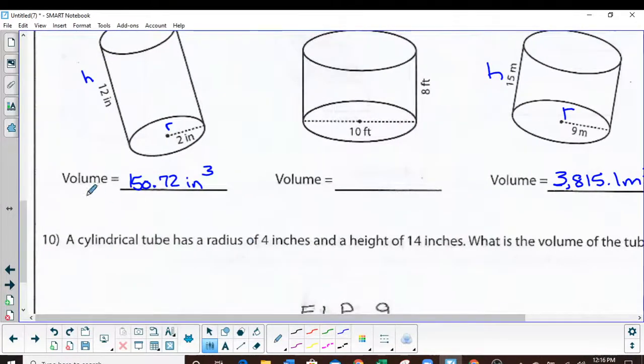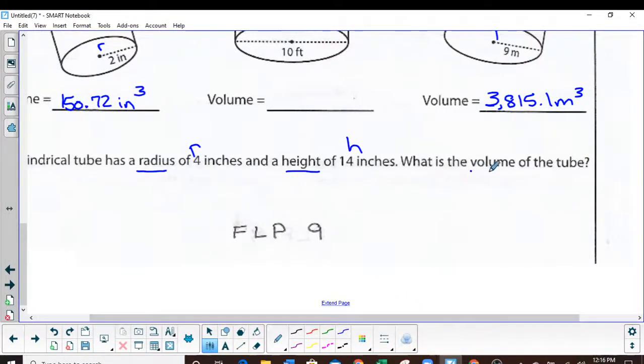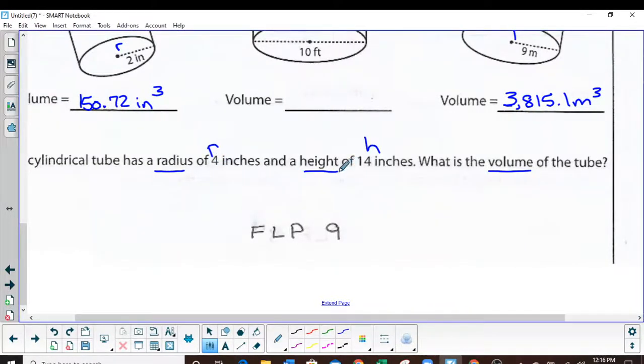Okay. Now we got a little word problem. It says a cylindrical tube, which is what we're dealing with, has a radius of 4 inches. There's our R. We don't have to change anything. And a height of 14 inches. There's our H. It wants to know what is the volume of the tube. All we got to do is plug in R of 4 and H of 14, and we're good.